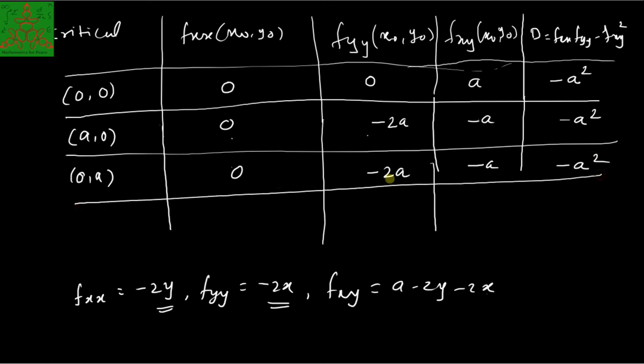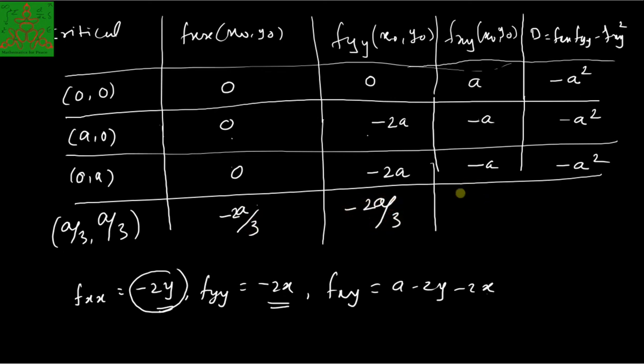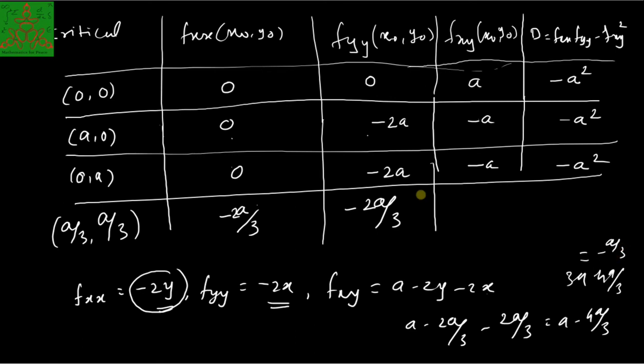The last is a by 3, so for that this will be minus 2a by 3, this is also minus 2a by 3. What is fxy? That is a minus 2a by 3 minus 2a by 3, so that's why it is a minus 4a by 3. So hence this is 3a minus 4a by 3, this will give minus a by 3, so that's why it is minus a by 3.